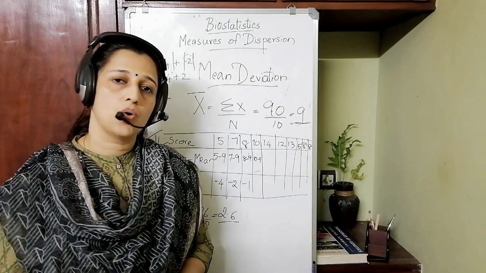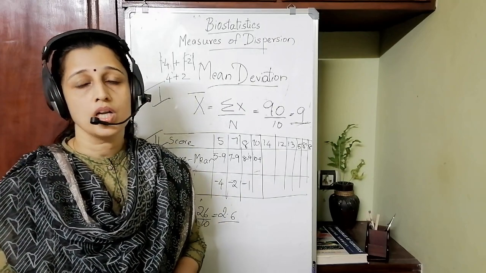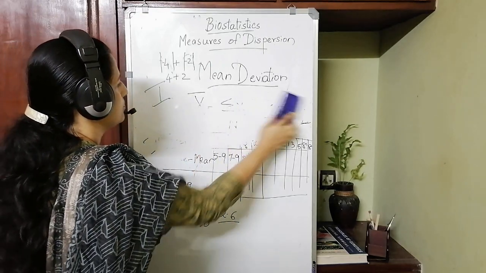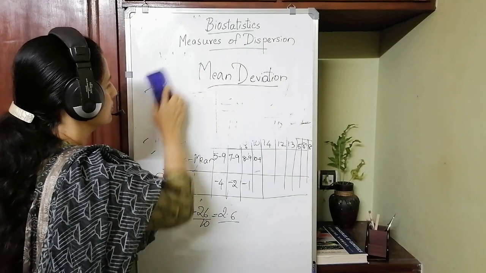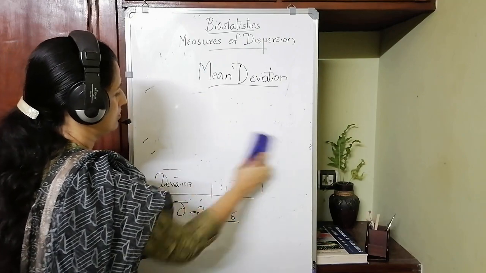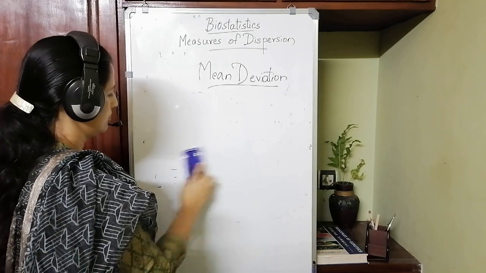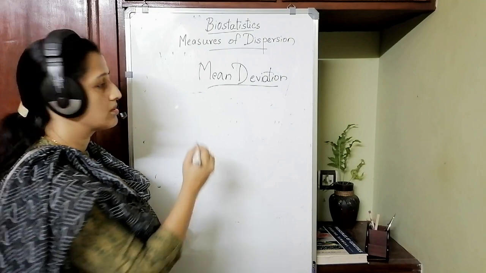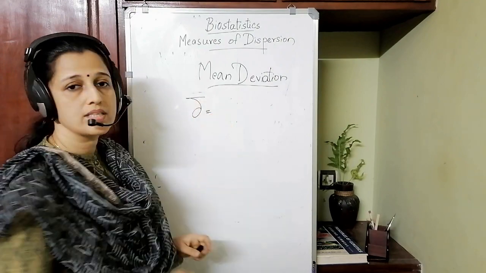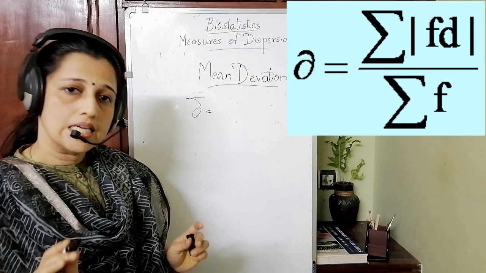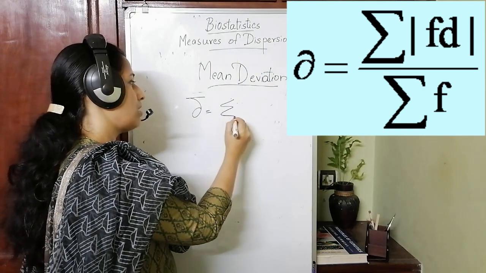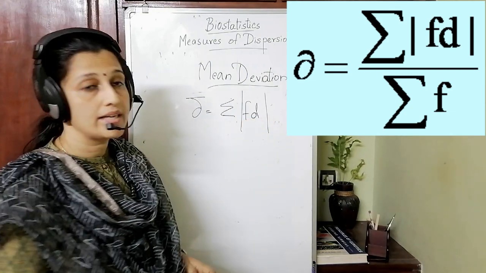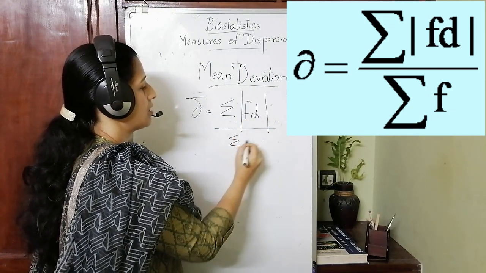Now let's see how we find the mean deviation for grouped data or discrete series. For grouped data, which will have frequency, the equation we use is delta, or mean deviation, is equal to sigma of the absolute value of fD, divided by sigma f.